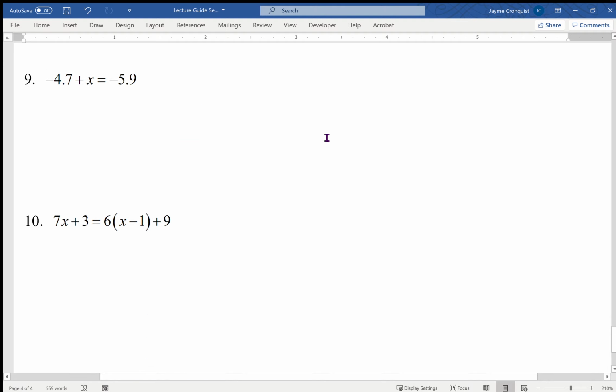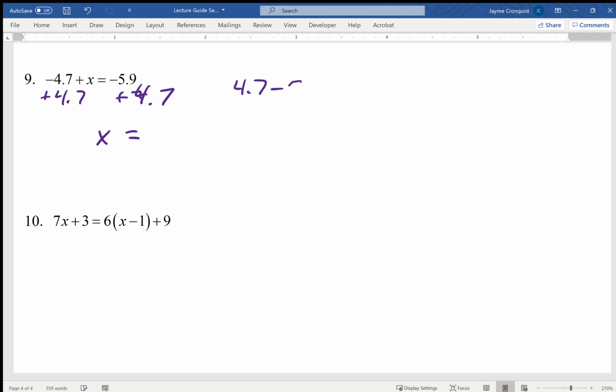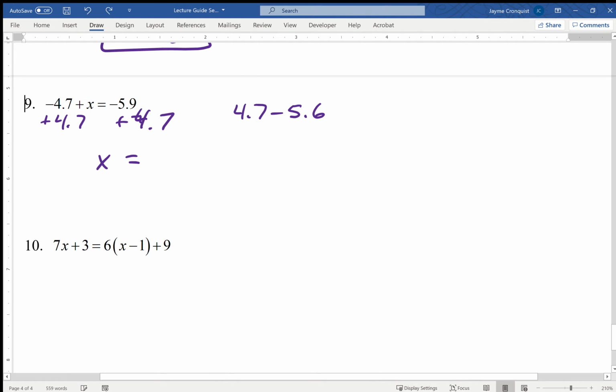All right, 4.7 we're going to move. I add 4.7. x equals 4.7 minus 5.9. And I wrote a 6. Forgot I can do that.